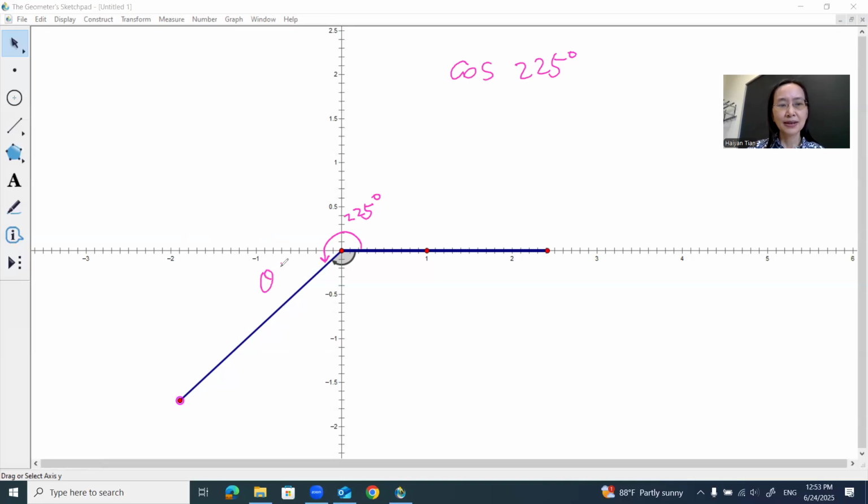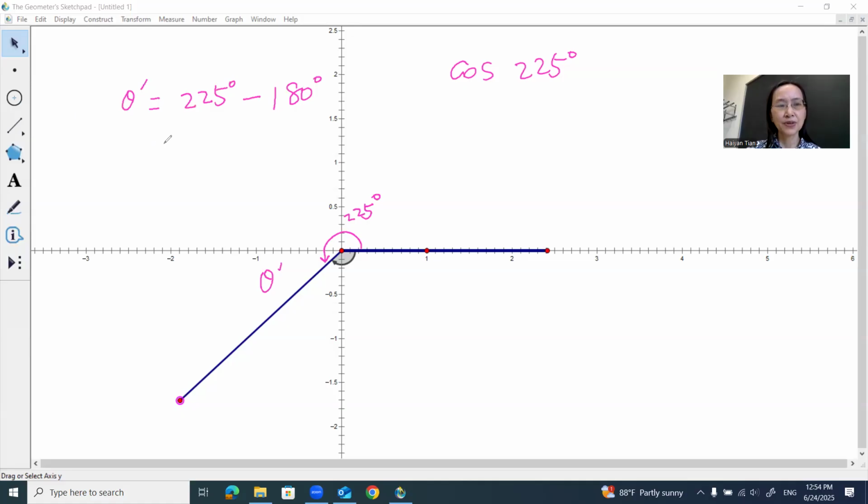Let's decide the reference angle of the 225. The reference angle, if we denote it by theta prime, is the difference between 225 degrees and 180 degrees.